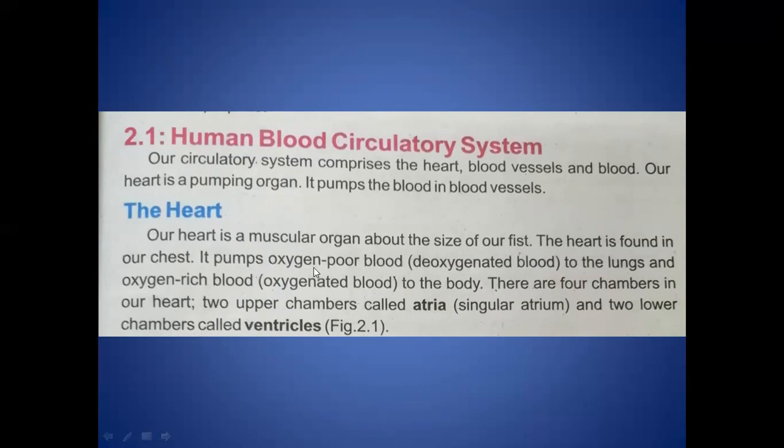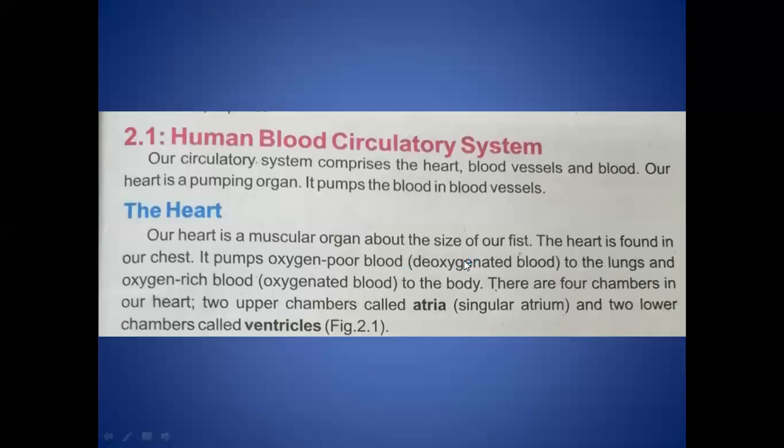It pumps oxygen-rich and oxygen-poor blood. Blood is of two types: oxygenated blood and deoxygenated blood. Oxygenated blood means blood which has more oxygen and less carbon dioxide. Deoxygenated blood means blood which has less oxygen and more carbon dioxide. Deoxygenated blood is also called poor blood because it is not required by our body.